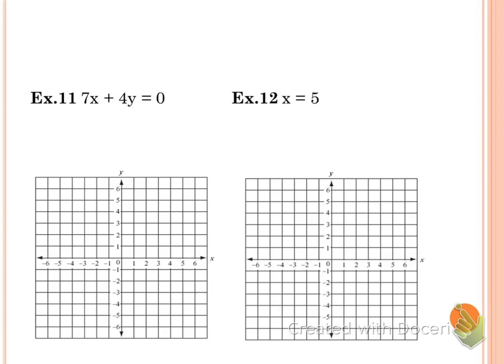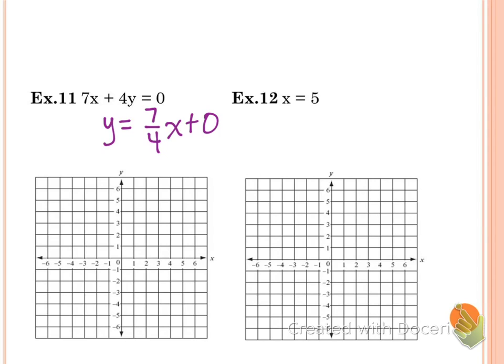All right, what was our answer on example 11? Tariana? Y equals 7/4 x plus 0. There's one little thing about this that I would change. Jamal, what is it? The 7/4 is negative.